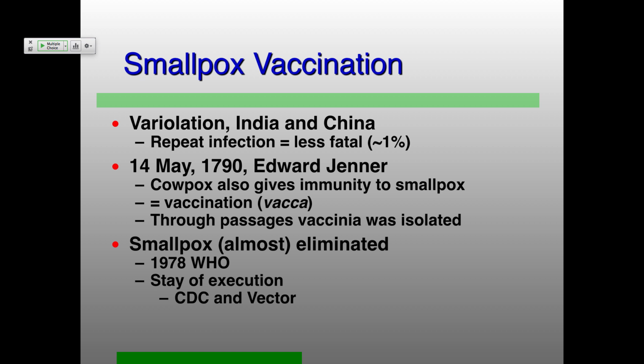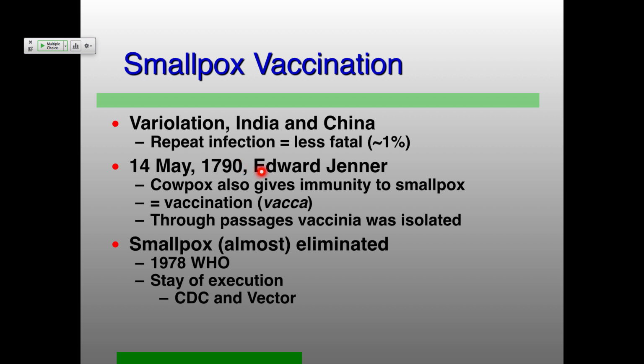So he did an experiment, which again never would be permitted under current rules, where he then had a child who hadn't been exposed to smallpox, gave them some cowpox, and then challenged them with a variolation here with smallpox, and found that this person, the name I'm forgetting now, was then resistant to disease. And there's, say, 14th of May, so close to the anniversary here. I think I posted a couple things on Twitter about this, where the first experiment was done.